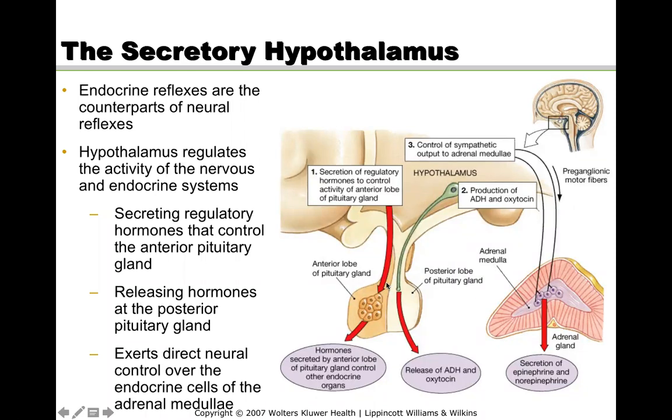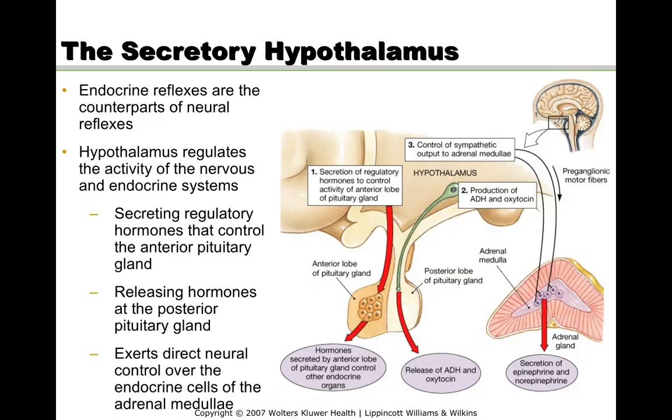In the anterior pituitary, there are endocrine cells, which in turn produce some other hormones, which in turn act on several other glands in the body to produce a third hormone. Okay, so it's a three-tier process from hypothalamus to anterior pituitary to the different target cells.